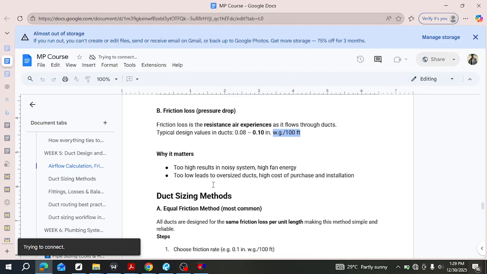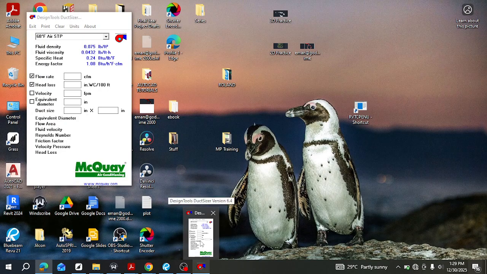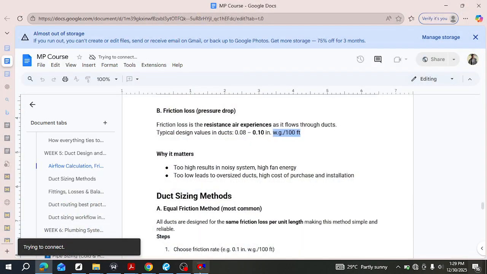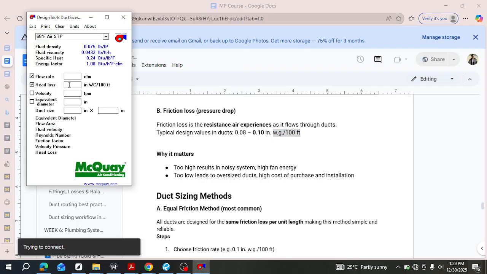Then if the value is too low, it results in oversized ducts. When you fill in that 0.1 in the software, say for 2000 CFM, you see 18 inches.